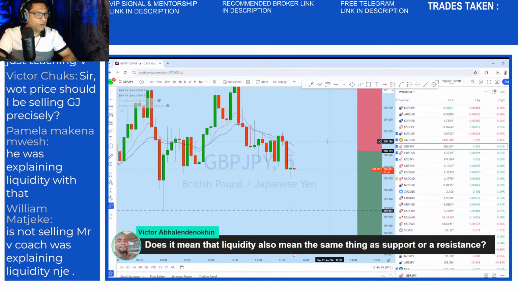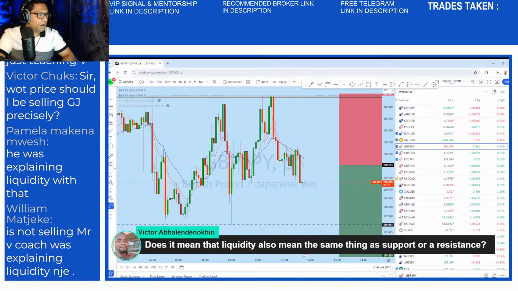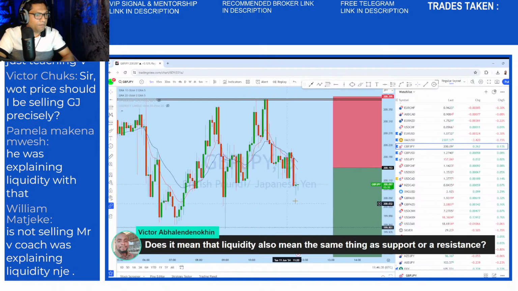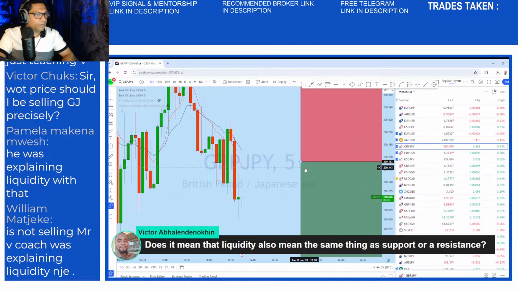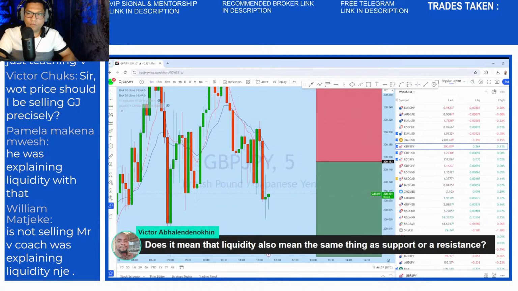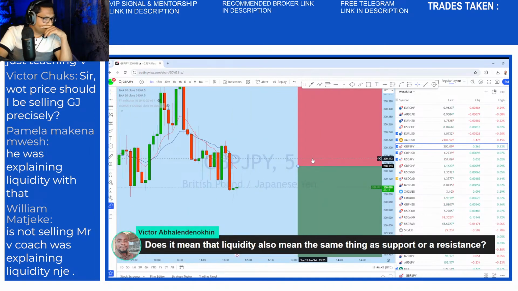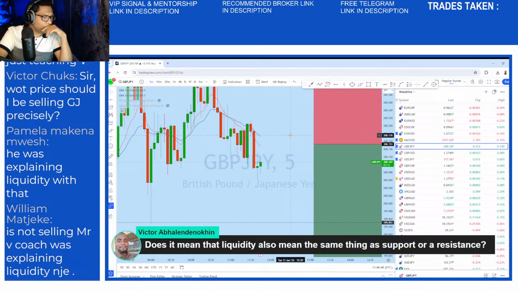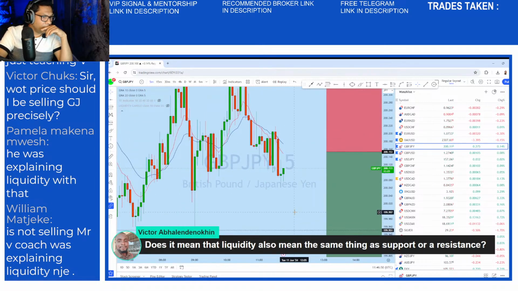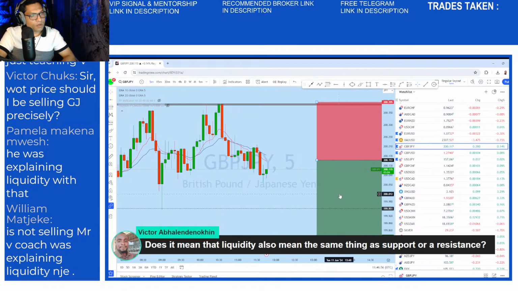Otherwise, we could look for potential selling. How many pip here? 14 pip. Do you think that it's gonna drop to that 14 pip from this resistance? Looks to me potential bearish.